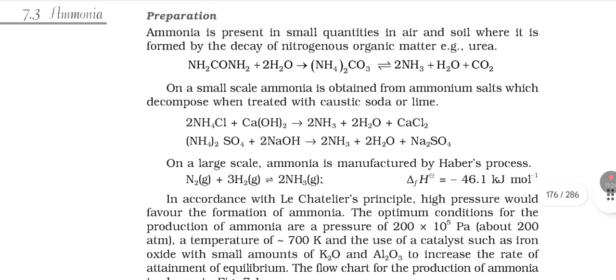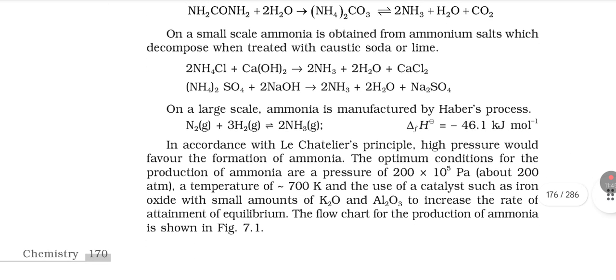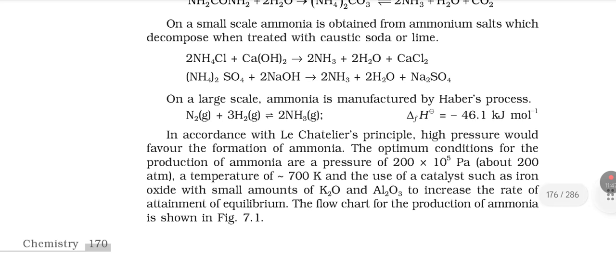Ammonia. Ammonia is present in small quantity in air and soil, where it is formed by decay of nitrogenous organic matter, for example urea. On a small scale, ammonia is obtained from ammonium salts which decompose when treated with caustic soda or lime. On a large scale, ammonia is manufactured by Haber's process.